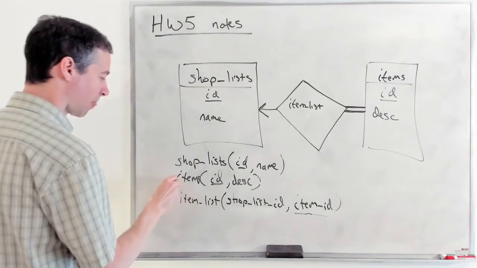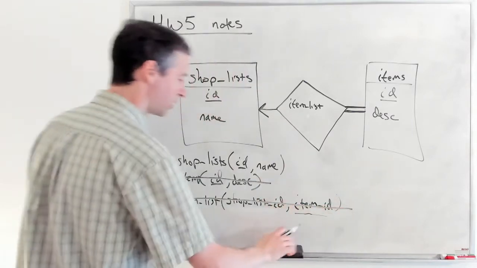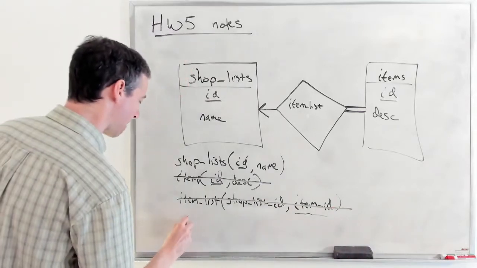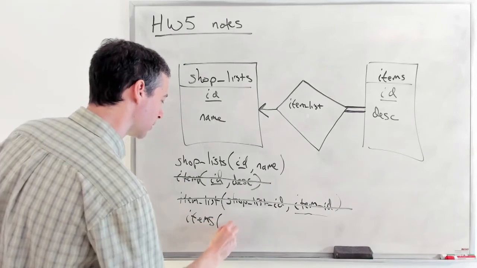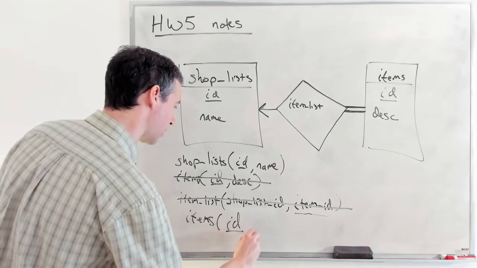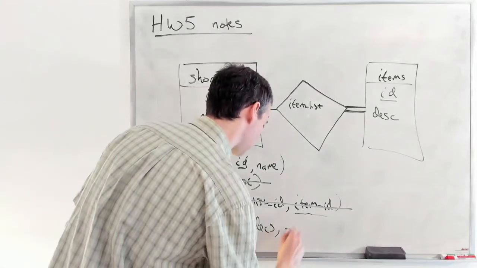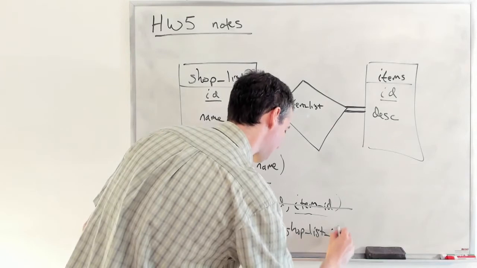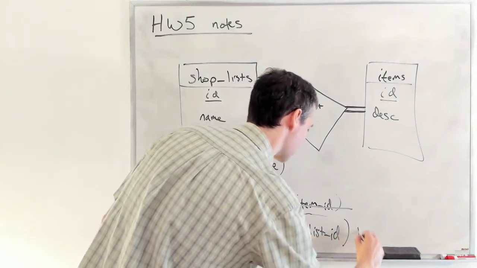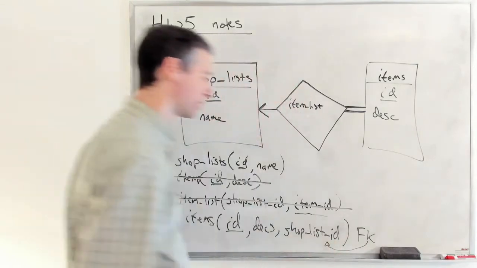So we're going to cross this off. Cross this off. We're not going to have these guys anymore. And we're going to do a schema reduction where we're able to condense to ID, description, shop list ID. And we're going to say foreign key is, I'm just going to draw an arrow to the shop list ID right now.